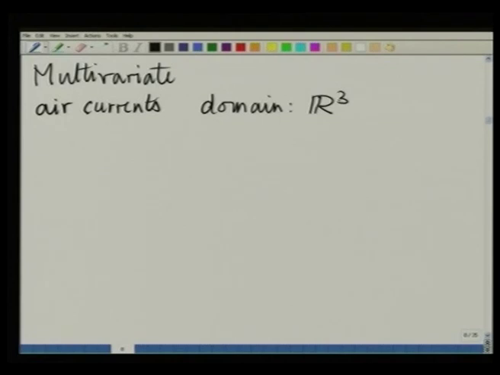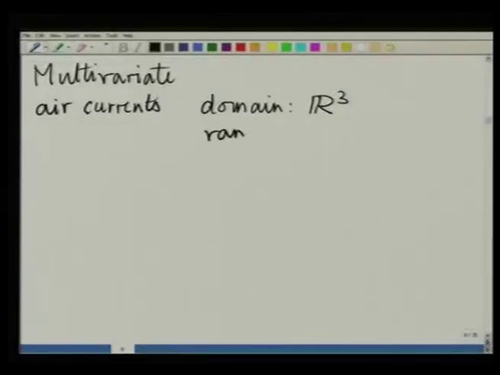Simply because the volume of the room is three-dimensional, you would also require a three-dimensional range. And this three-dimensional range would simply be used to represent the three velocity components along x, y and z of the air current at the respective point on the domain. So, at each point on the domain, at each point in the volume of the room, we would have to place a three-dimensional real vector.